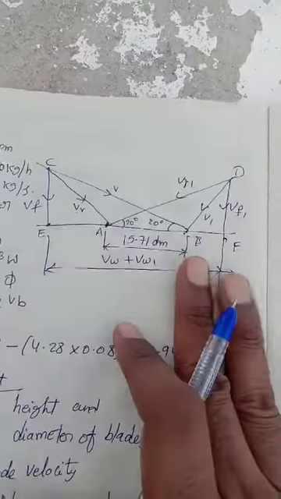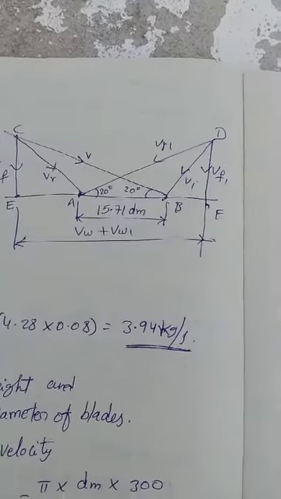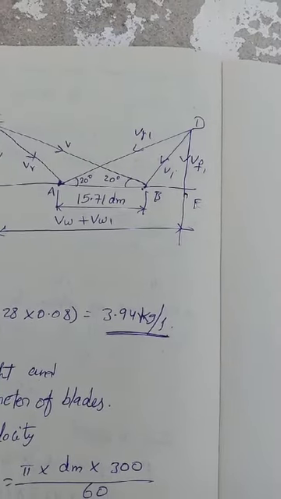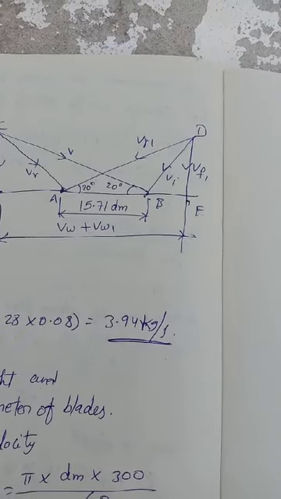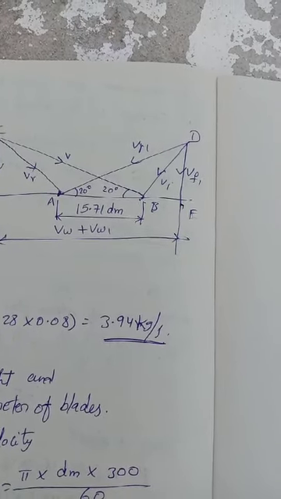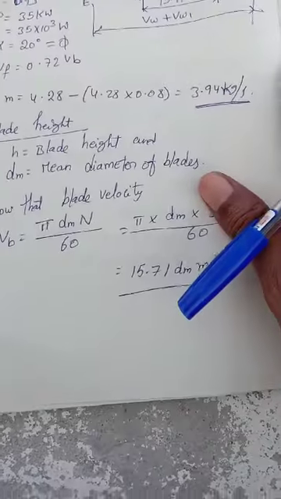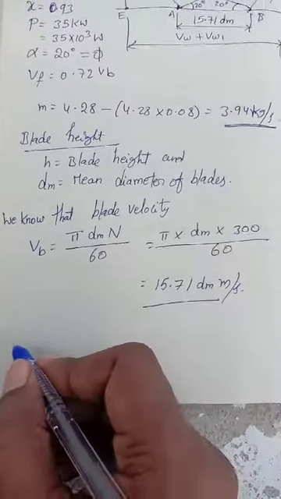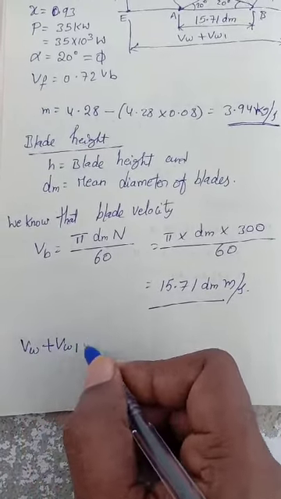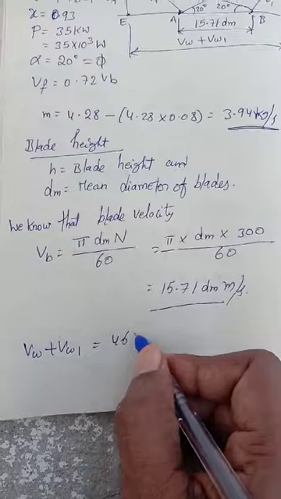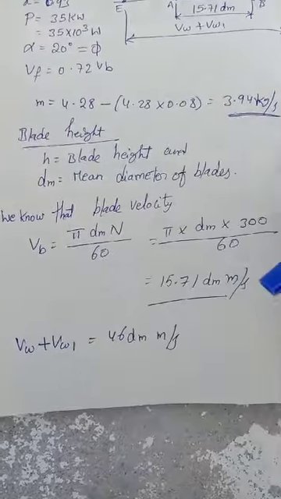Okay, this is the diagram for this. And now let us draw the combined velocity triangle as shown. By measurement from the velocity triangle we find the change in the velocity of whirl. I am going to write it directly, we know very well how to find this. VW plus VW1 is equal to 46 dm meter per second.